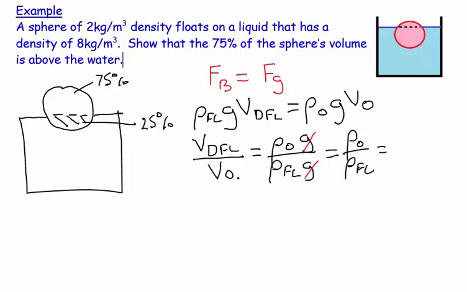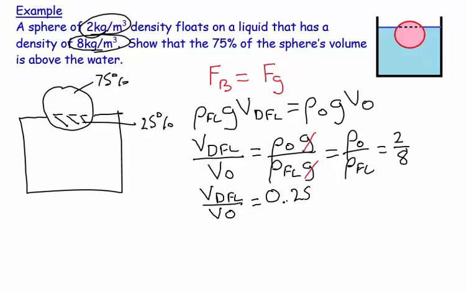And if I put numbers in, the density of the object is 2, and the density of the fluid is 8. So my volume of the displaced fluid over the volume of the object is equal to 0.25.